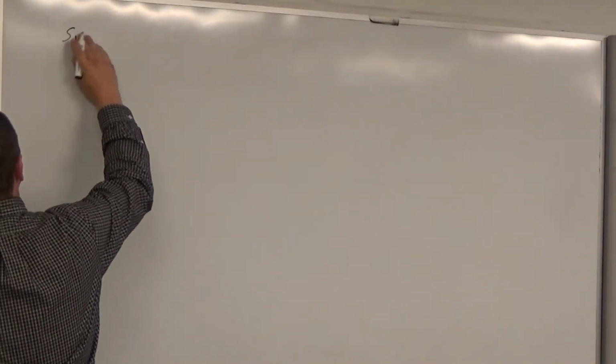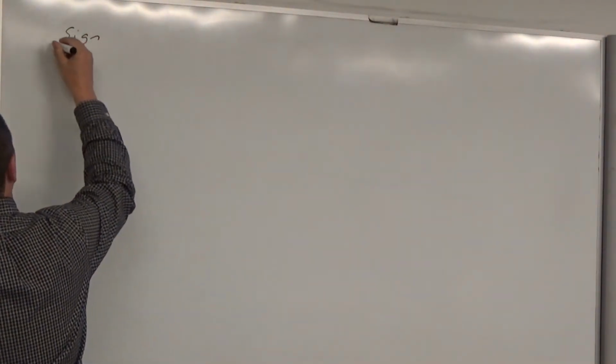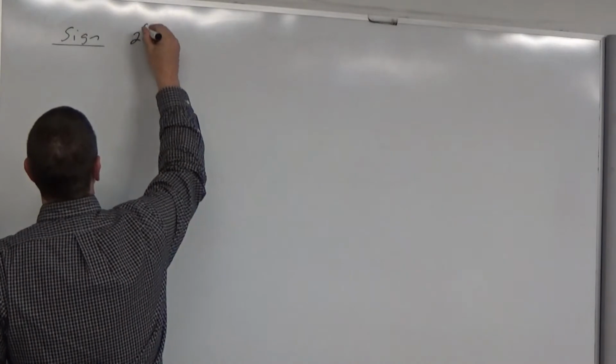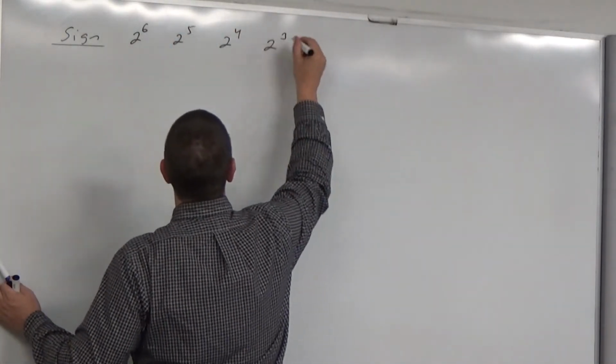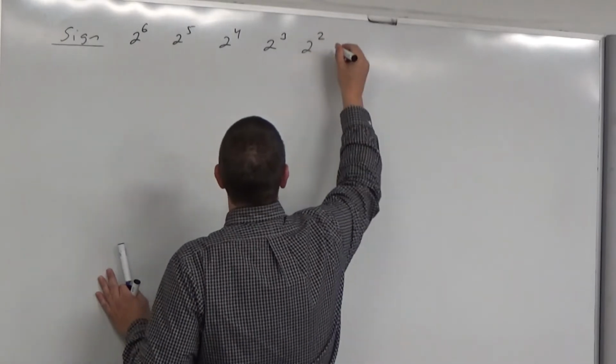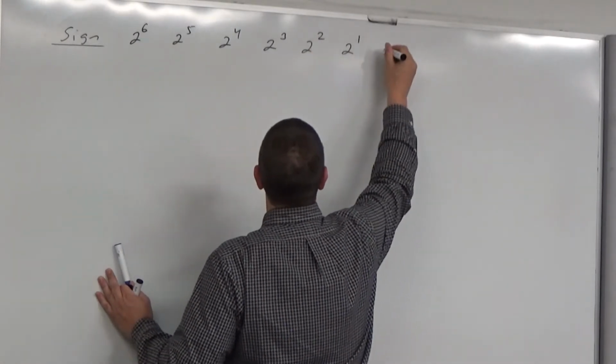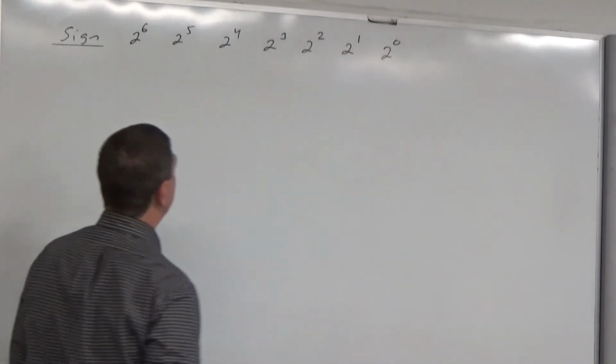All right. So here's the way I think about this, guys. We start off with our sign bit. And then we have 2 to the 6th, 2 to the 5th, 2 to the 4th, 2 to the 3rd, 2 squared, 2 to the 1st, 2 to the 0th.